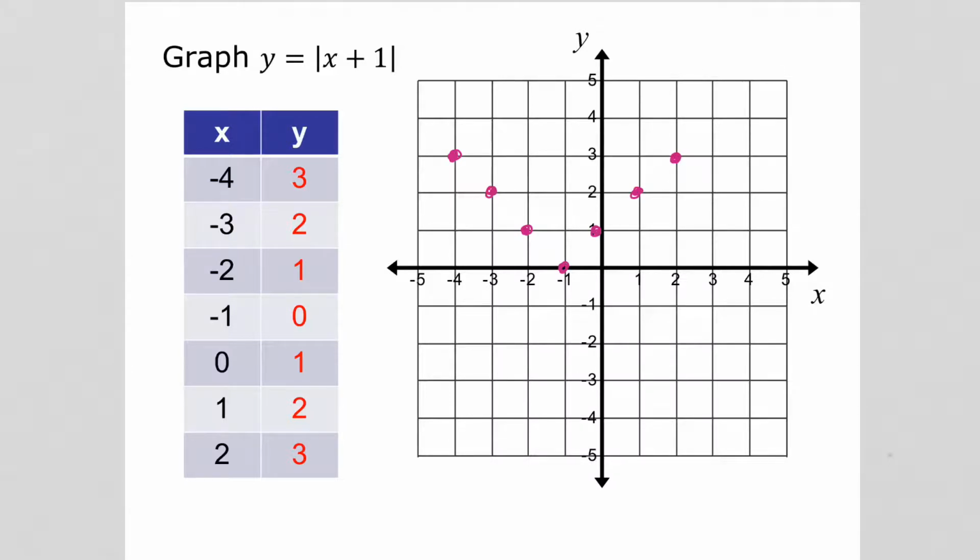And so those are the points that make our graph, and we can connect the dots. And we can see that we've just graphed the absolute value of x plus 1.